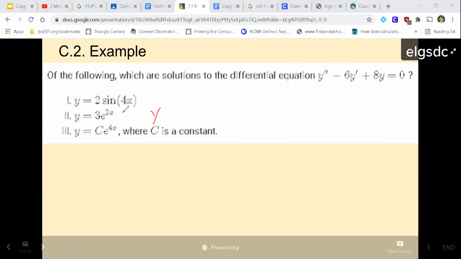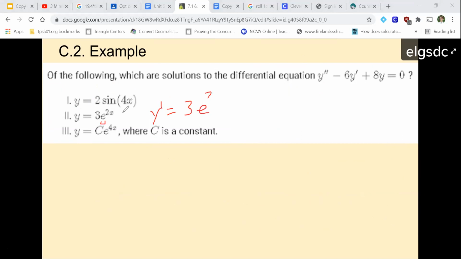First derivative, again, is the chain rule. Derivative of the outside, derivative of e is e, multiplied by the derivative of the inside, 2. Derivative of 2x is 2, gives us 6e to the 2x.